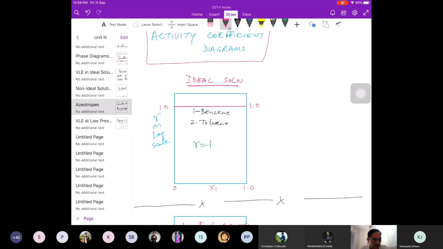If you are talking about non-ideal solutions, then we have to incorporate a factor called activity coefficient, which shows how much is the deviation from ideal solution. So if you plot log gamma versus x, activity coefficient versus x on a log scale, the y-axis is log and the x-axis is normal.